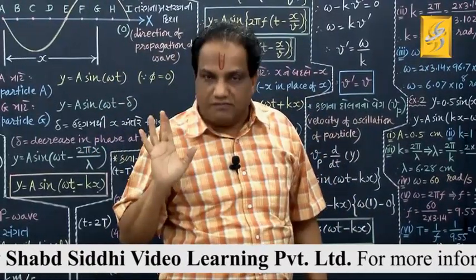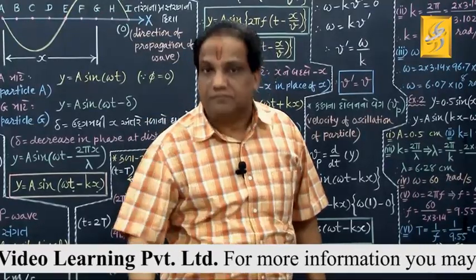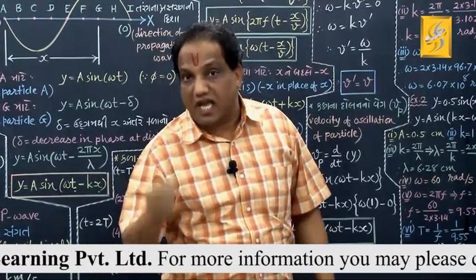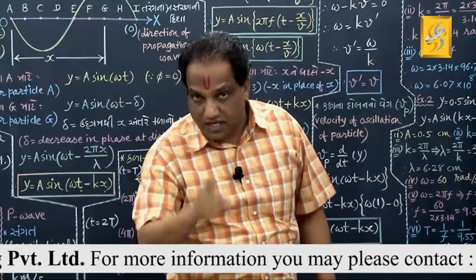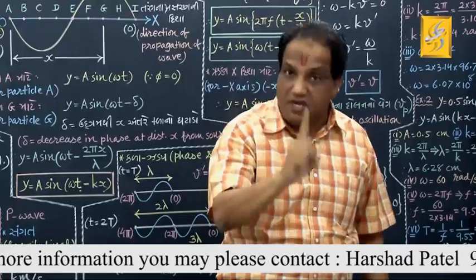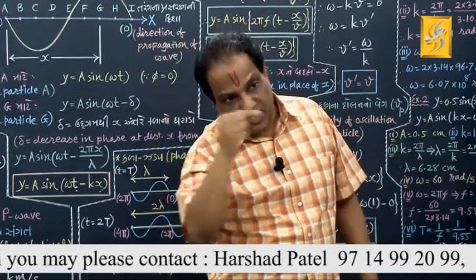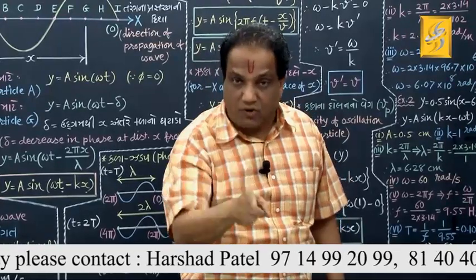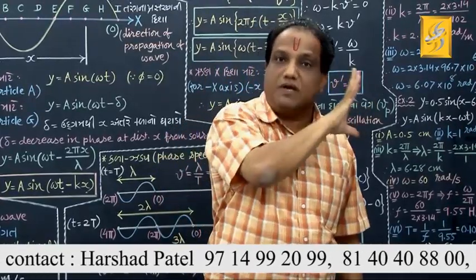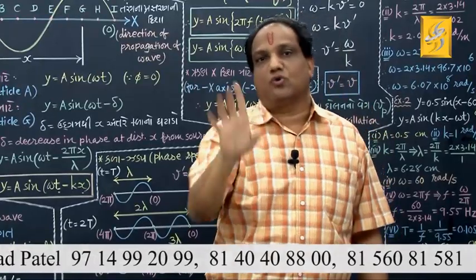In the textbook they have written that if a harmonic wave is propagating in a one dimensional medium, then it produces a curve like a sine curve or cosine curve. Yes, it is true, provided the progressing harmonic wave is a transverse wave. If the progressing harmonic wave is transverse, then only the pattern developed in the medium is like a sine curve or cosine curve.